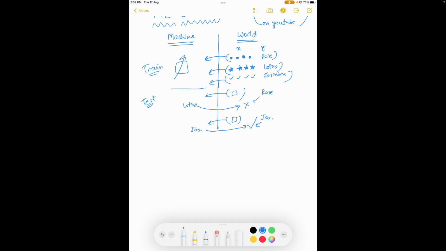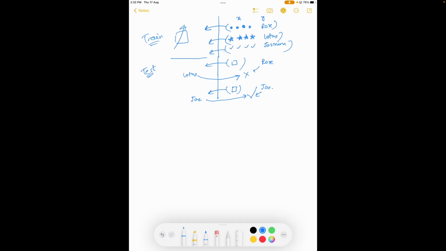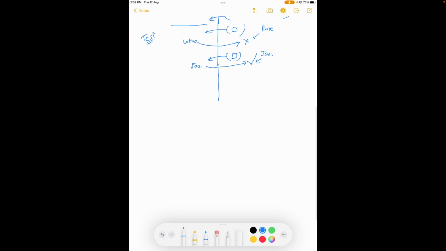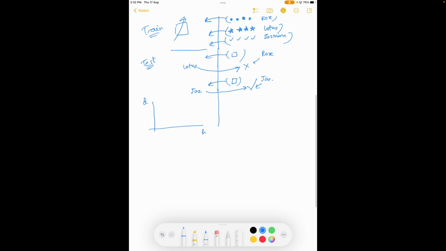Okay. Now, to understand it graphically or geometrically, you can plot the height here, the diameter here. Let's say you got a rose. A rose has got more diameter than height. Rose, another rose, another rose. And lotus, maybe it's a closed lotus, has more height than diameter.